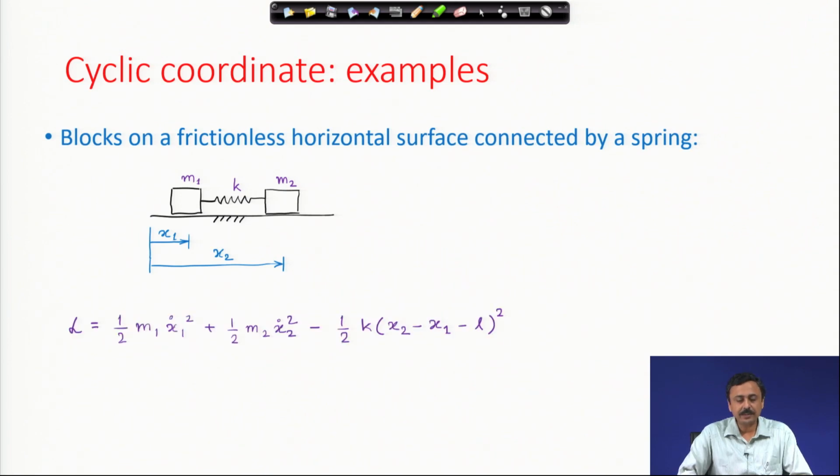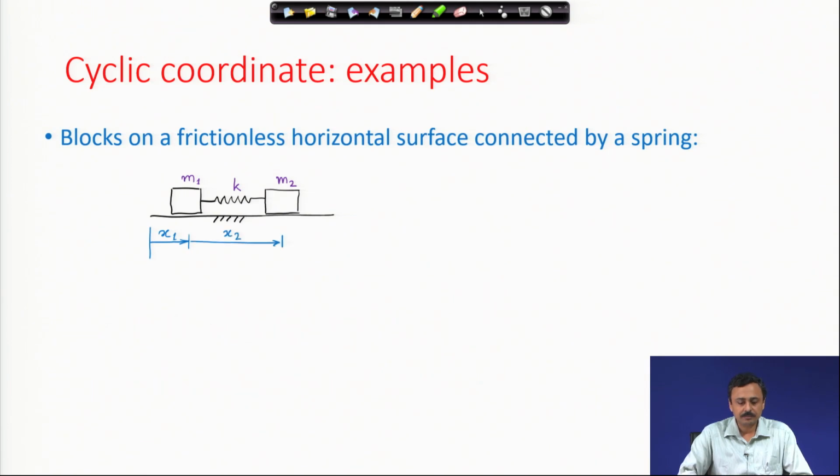If I do that and write the Lagrangian, it involves x1 dot, x2 dot, everything is involved. So, therefore, we think that there is no cyclic coordinate in this. Therefore, immediately we cannot see whether something is conserved or not. We do not see a cyclic coordinate here.